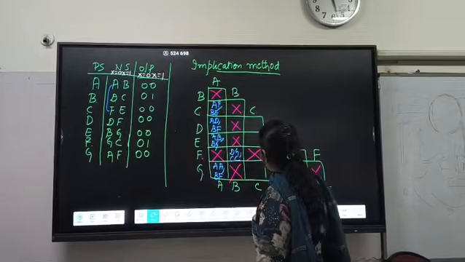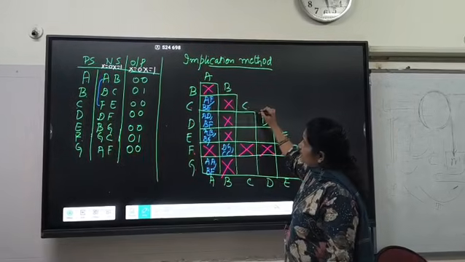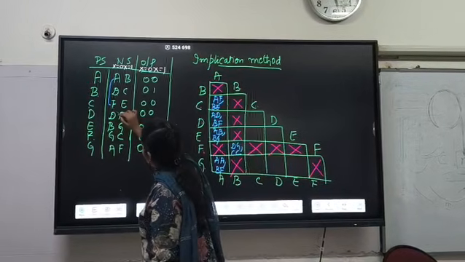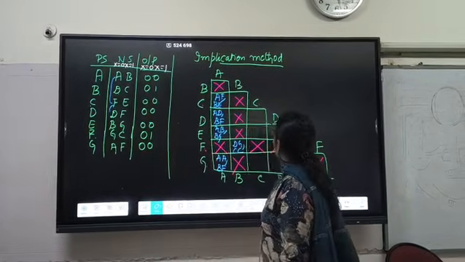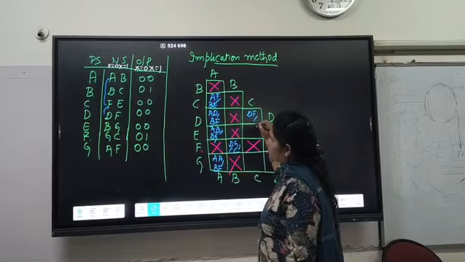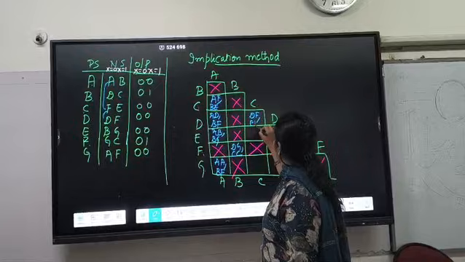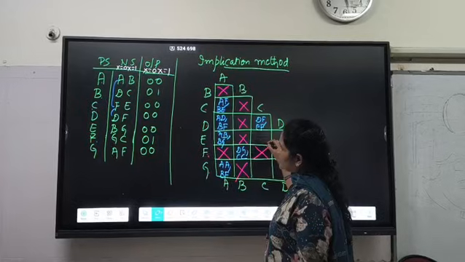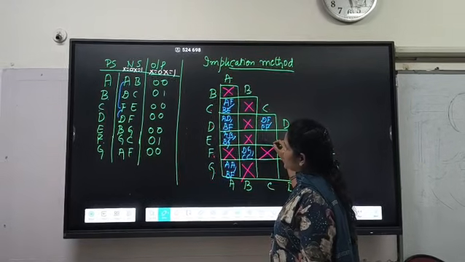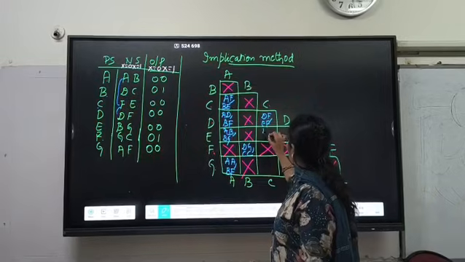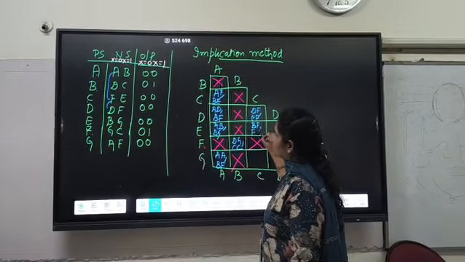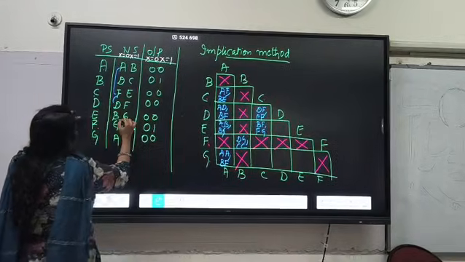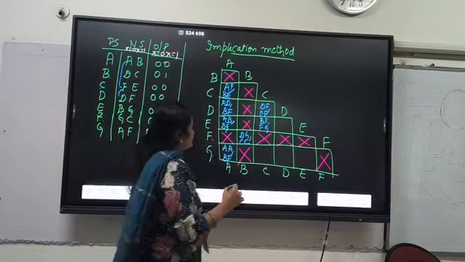Next, state C. C to D is FD actually, but I will write it as DF, because always forward direction: DF and EF. C to E is BF and EG.